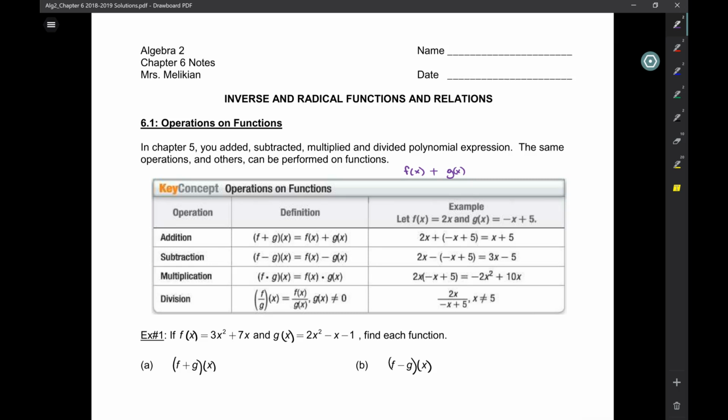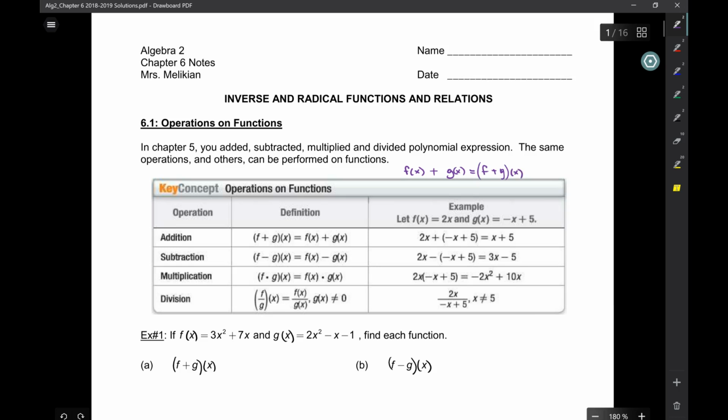You would write that like this, or in more concise notation, I can write this exact same thing in more abbreviated form, and it looks like this: f plus g of x, okay?